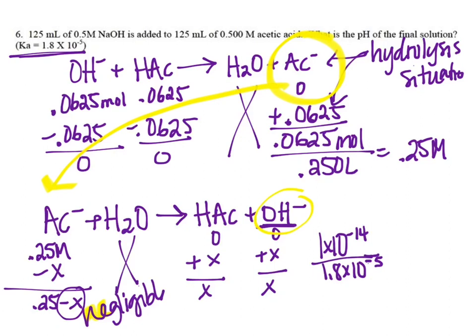It's the Kw. It's just a constant. And we're going to set this equal to X squared over 0.25. So solve for X for me, which is our OH concentration.